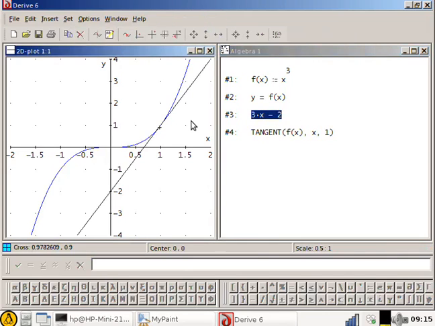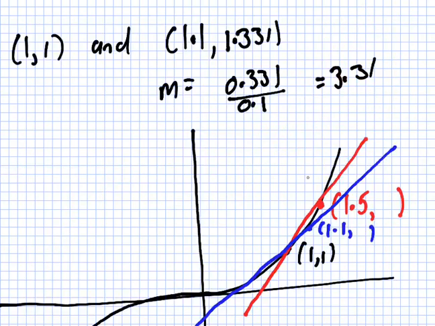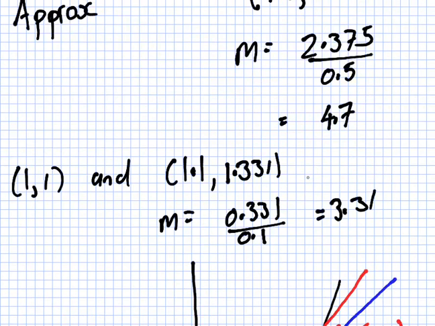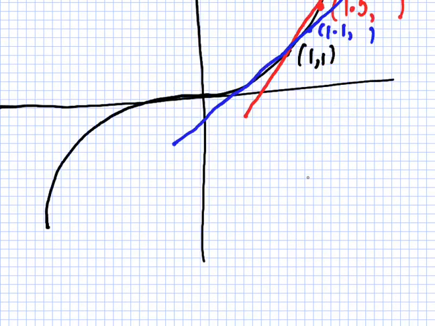And there's the tangent line there. And if you look at my slopes, what did I get the first time? I got 4.75. And then the second time, 3.31. So I'll let you do the next one. Do (1, 1), and then the neighbour point is 1.001. So make it really close and tell me what you get for the slope of this line.